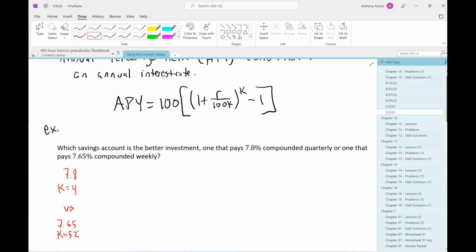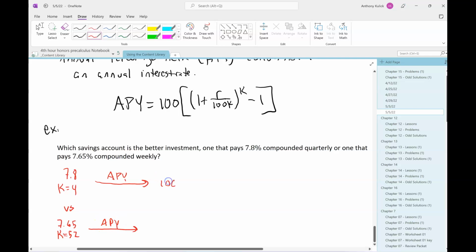That's all we're doing right now is guessing. Yes. You think the first one's going to be better? Okay, let's see. So what we're going to do is just convert those both into APYs. You think it's going to be the other one, Mackenzie? Okay. Yeah, no, I don't blame you.